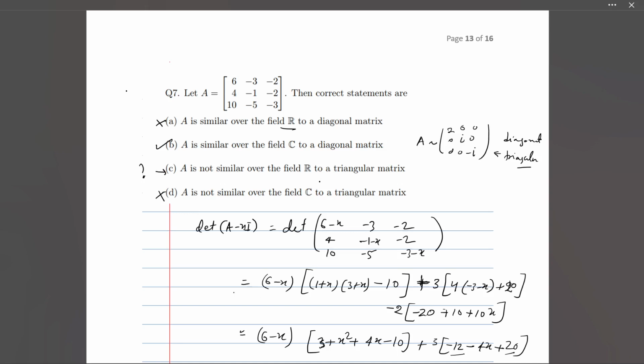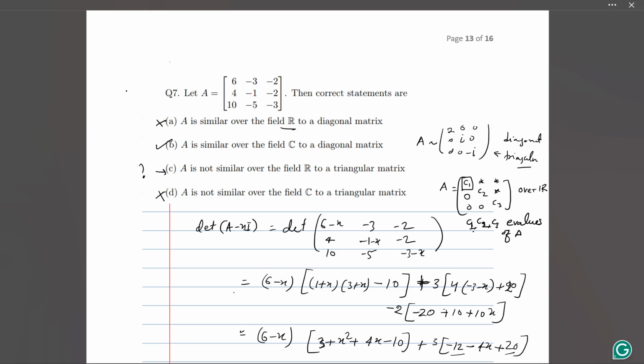Okay, 1 minute. If A is some upper triangular matrix with diagonal entries C1, C2, C3 and some non-zero entries above, but the entries below are zero, and I'm saying these are real numbers, this is over R. C1, C2, C3 are eigenvalues of A. But there exist no three real numbers.